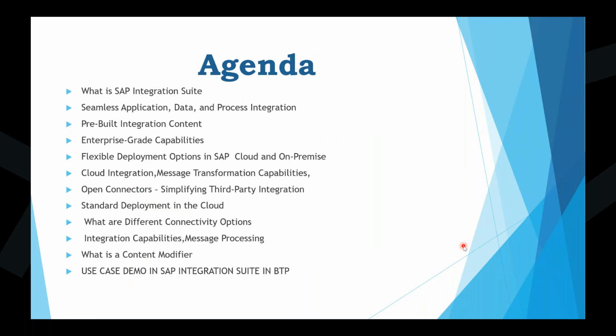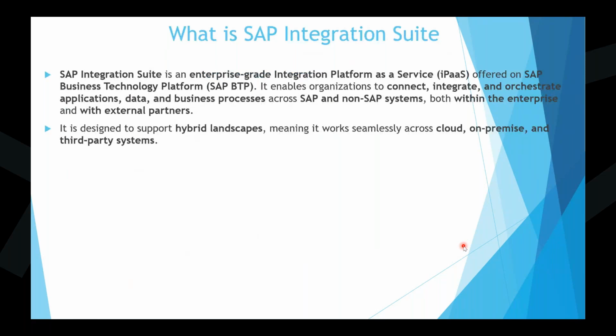No. Perfect. Now, what is SAP Integration Suite? So let us start with the basics. What exactly is SAP Integration Suite? SAP Integration Suite is an enterprise grade integration platform as a service. What does that mean? iPaaS, right?